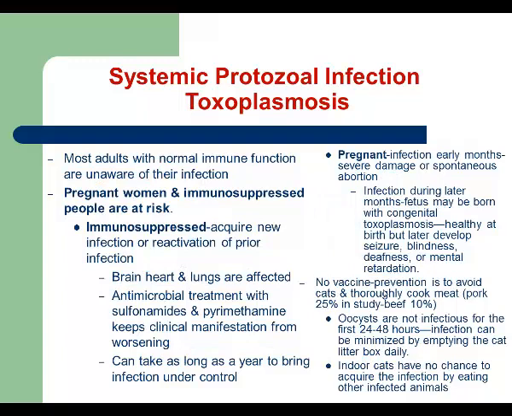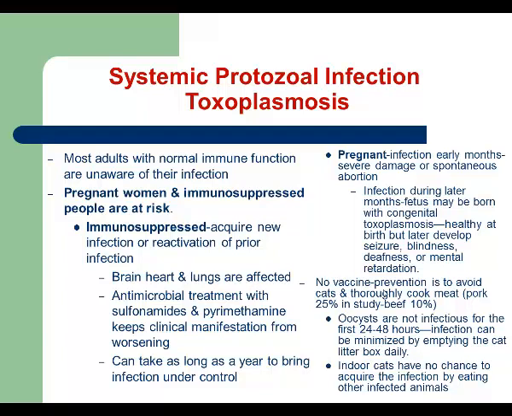But as I said before, there are 2 groups of patients we have to worry about when we talk about toxoplasmosis, and those are pregnant women and immunocompromised patients. For immunocompromised patients, an infection can go systemic and become deadly, and it can affect brain, heart, lungs, and usually with the best treatment, sometimes it takes up to a year to get this infection under control.